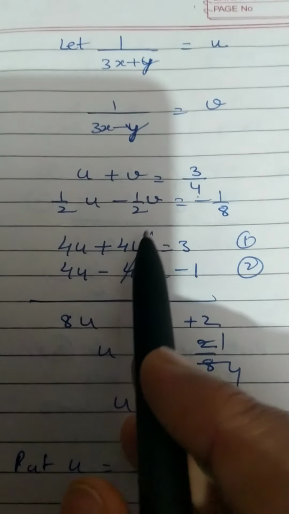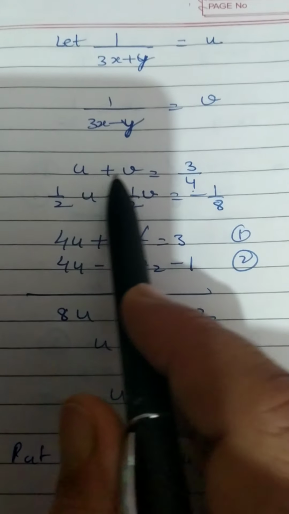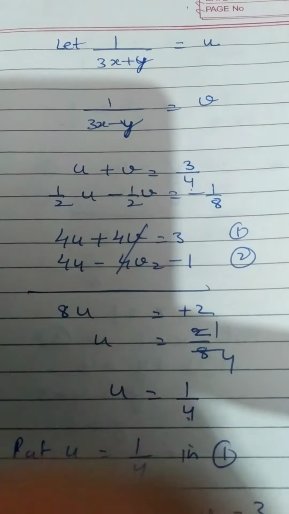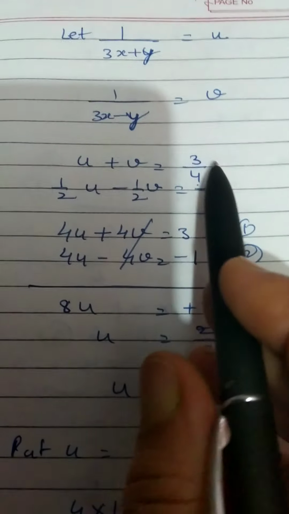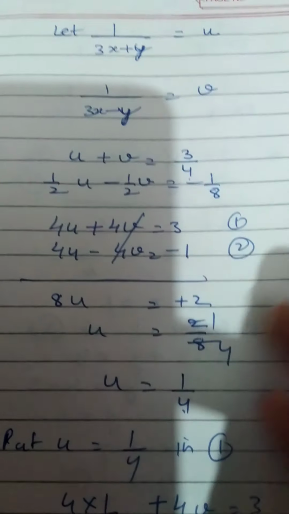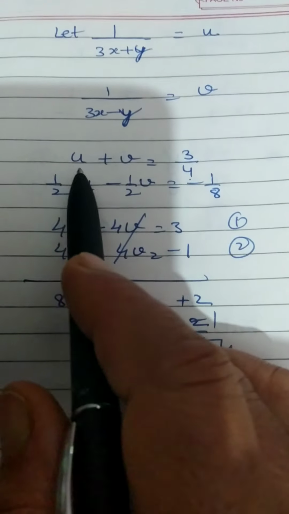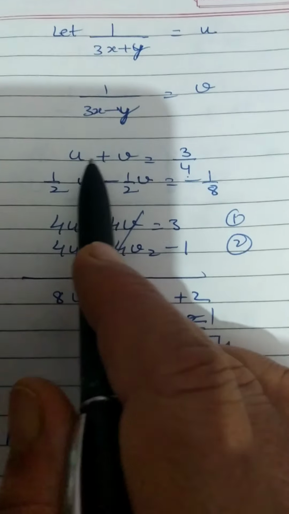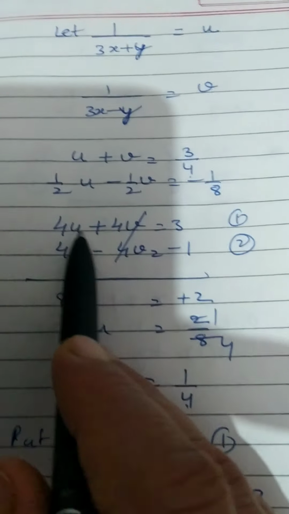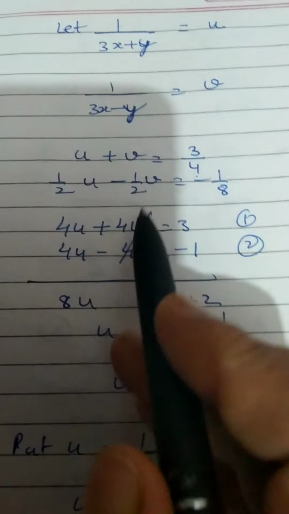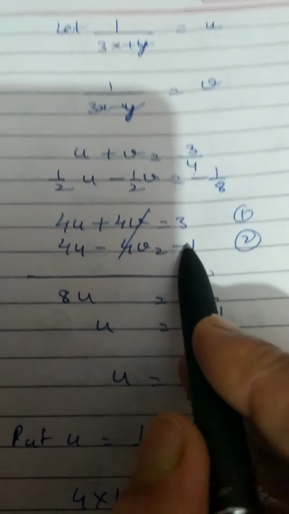Now here I am getting u plus v is equal to 3 by 4. To make it easier, I will multiply the whole equation by 4 to cancel the 4, or I can say that I am bringing 4 to the left hand side, then it will get multiplied by u and v, and I get the equation 4u plus 4v is equal to 3.